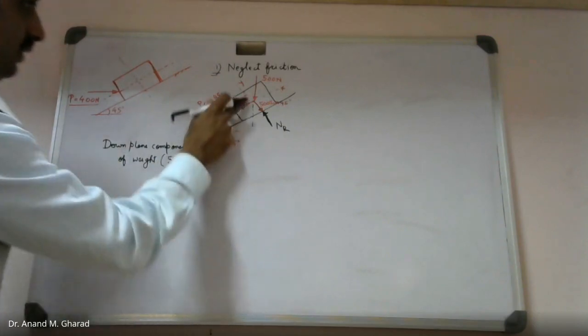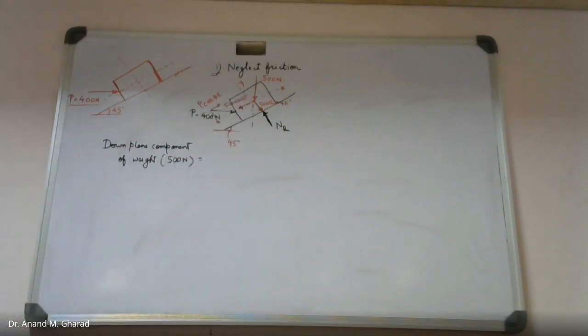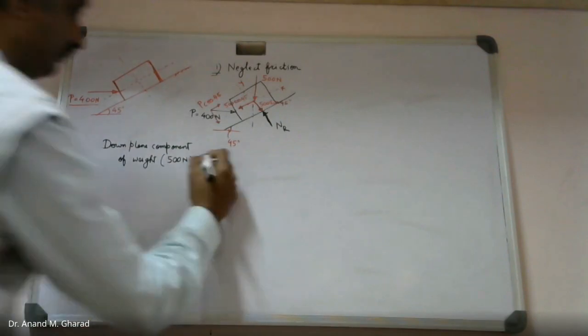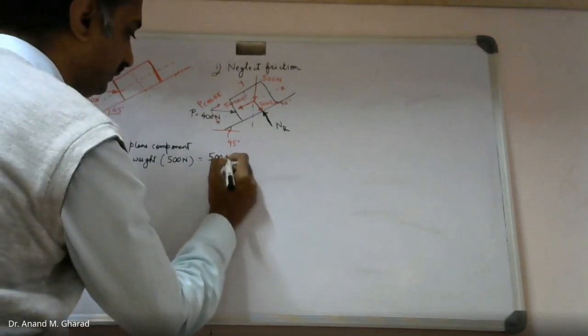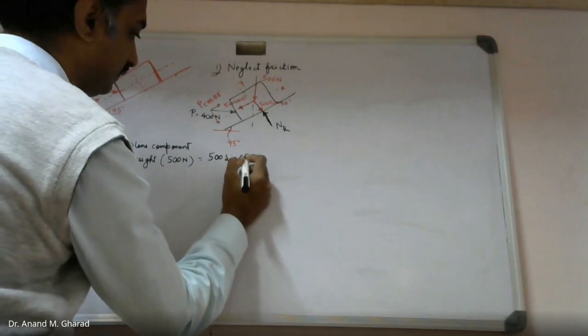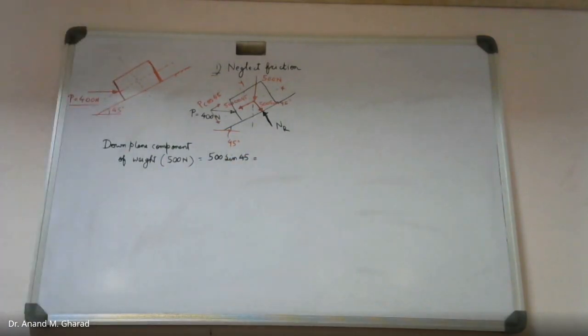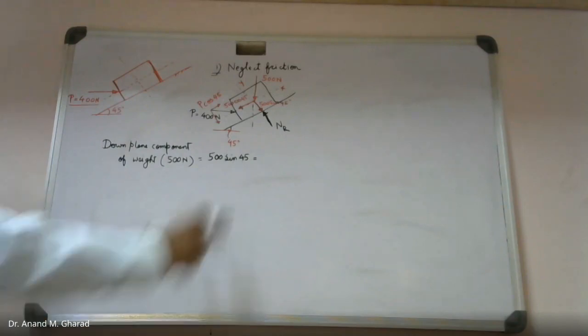It is 500 sin 45. Correct? 500 sin 45. What is this value? 500 sin 45. Please let me know.